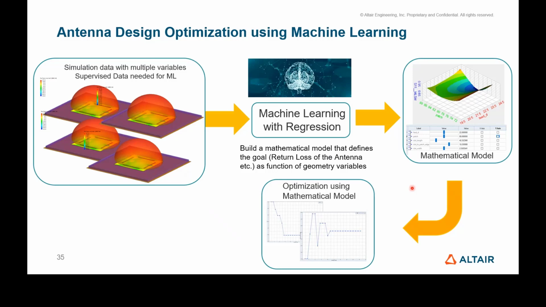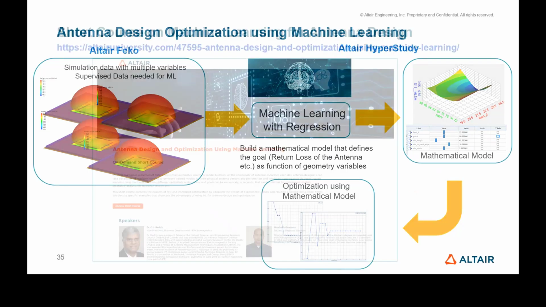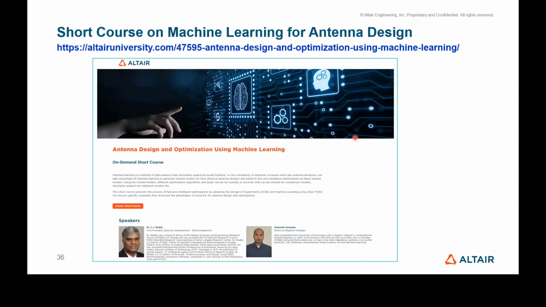Of course, we have offered this as a short course at 2020 APS in Montreal. That's available now on our Altair University website at this link. Of course, as we share these slides, you can also have access to this. This is a 3-hour short course.